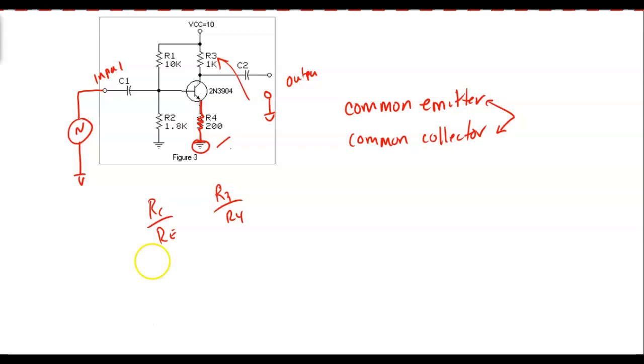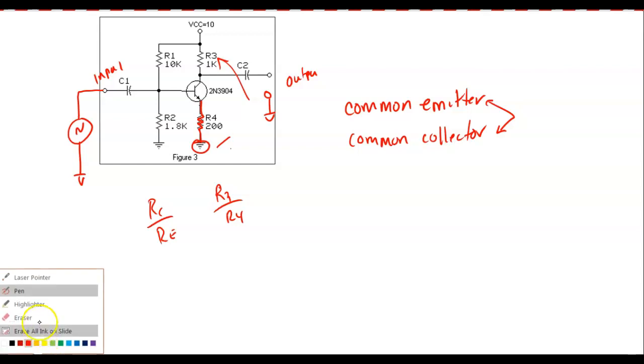So I'm bringing an AC signal in, and what you have to understand is that as far as an AC signal is concerned, a DC power source is seen as a short circuit.